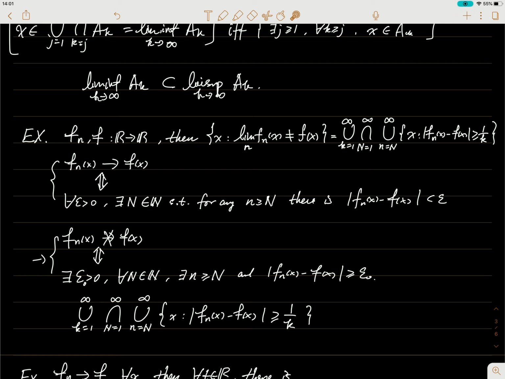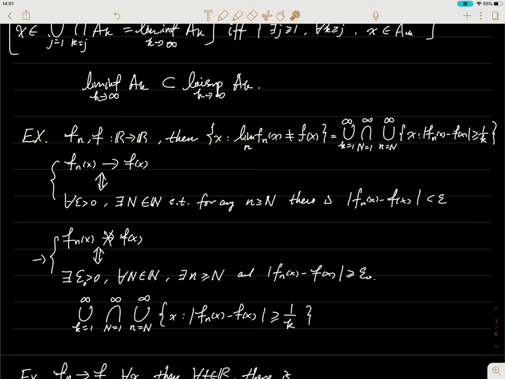And so we can just replace this by saying there exists an integer k, such that for any capital N, there exists a little n greater than capital N, such that this is greater than or equal to 1 over k. Okay, so now we'll just replace this by k, and this will be 1 over k.